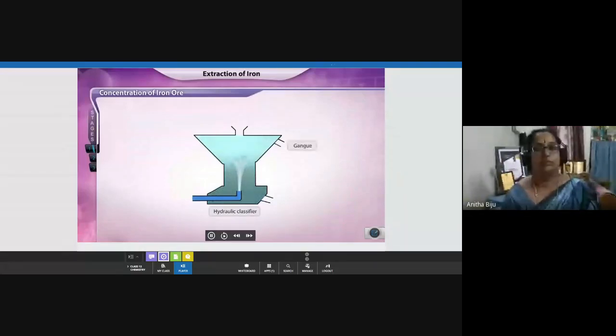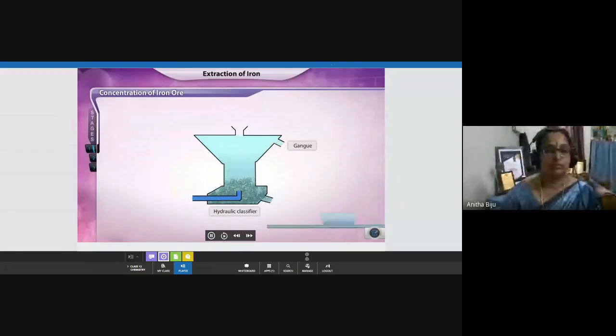The lighter gangue particles move up and are washed away from the top. The denser particles of the ore settle at the base and are collected via an outlet. The concentrated ore still has volatile impurities in it, so it has to be processed further. It is taken for calcination, which is the second stage in the extraction process.